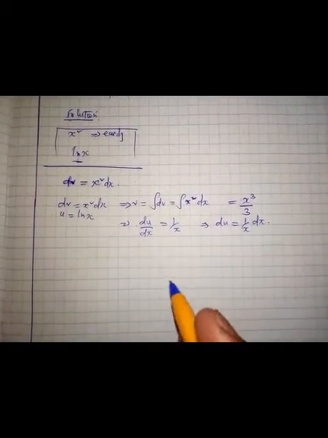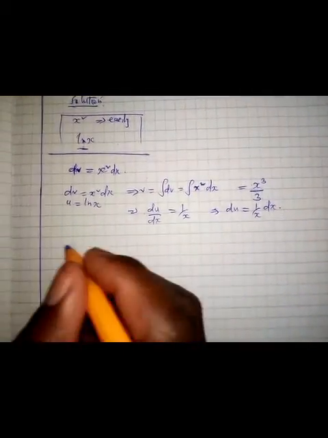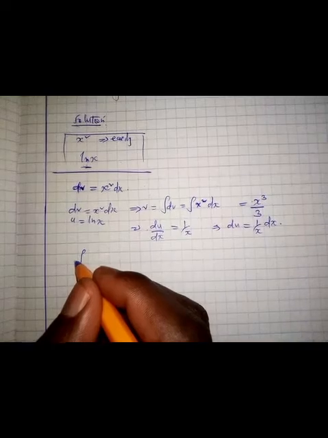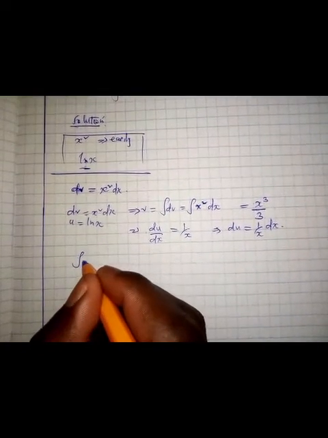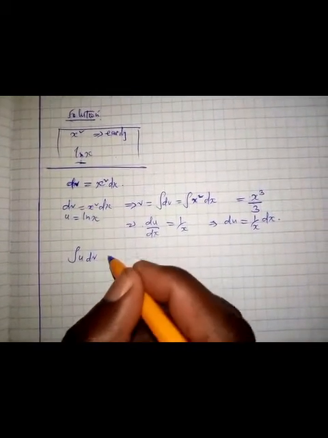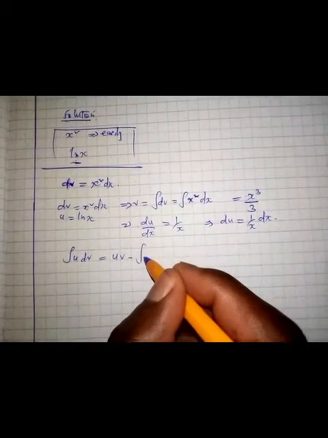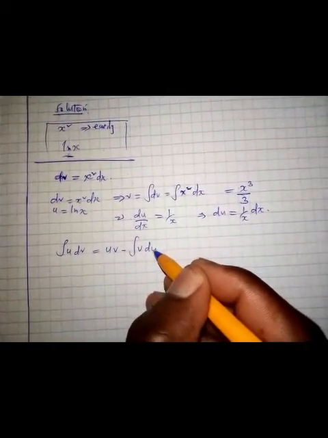So integration by parts produces the following. You apply the formula for integration by parts: integration of u dv is equal to uv minus integration of v du.